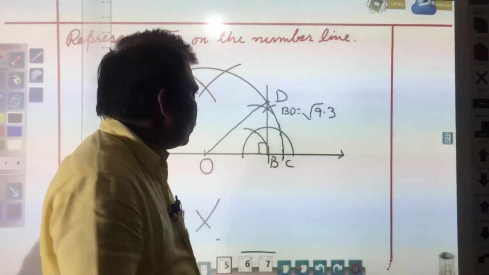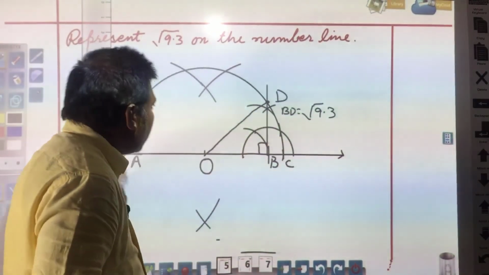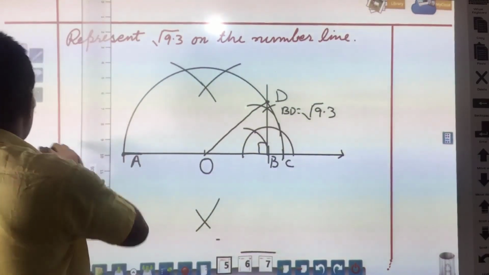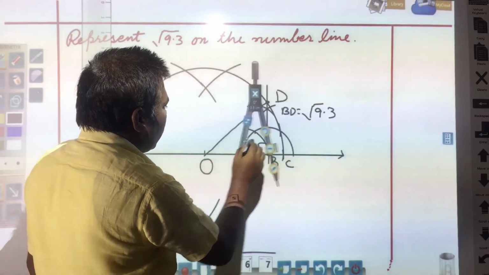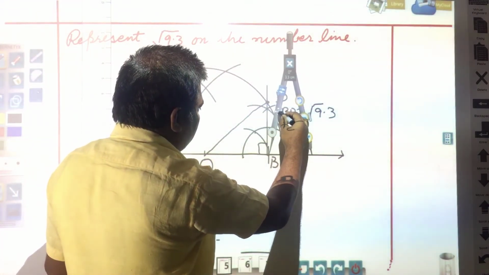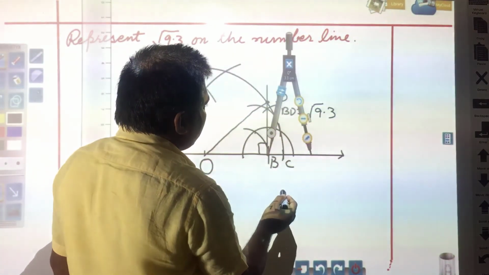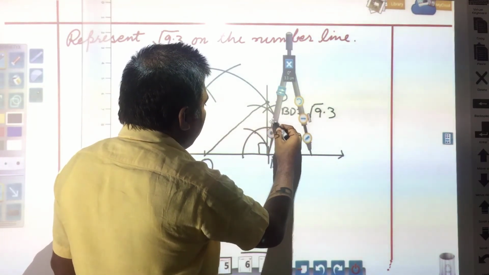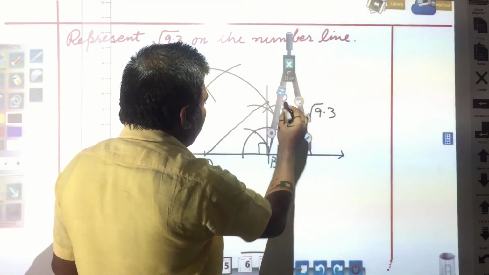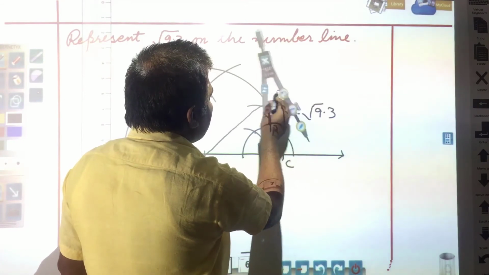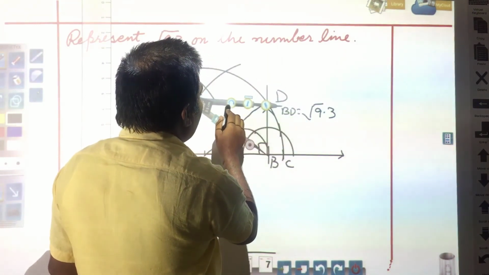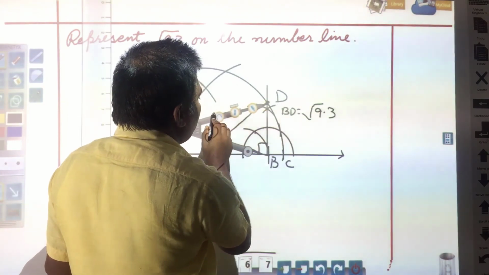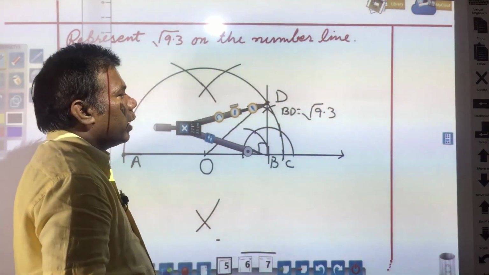Okay, now what will you do? With the help of your compass, again what you need to do, here you see already you got the length of under root 9.3. So, here you measure that with the help of your compass like this, and this is your under root 9.3.